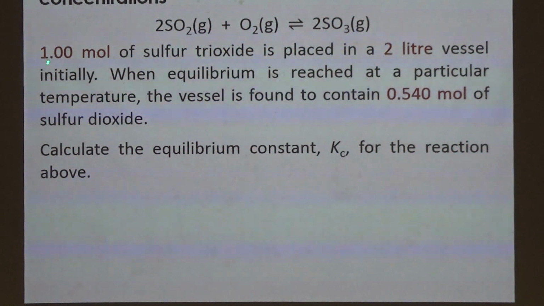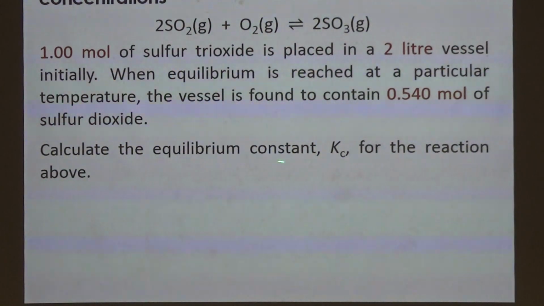The question seems to suggest that they only put in SO3 at the start. They didn't put in any SO2, nor any O2. They only put in SO3 and let the reaction start. When equilibrium was reached at a certain temperature, the vessel was found to contain 0.540 moles of sulfur dioxide.